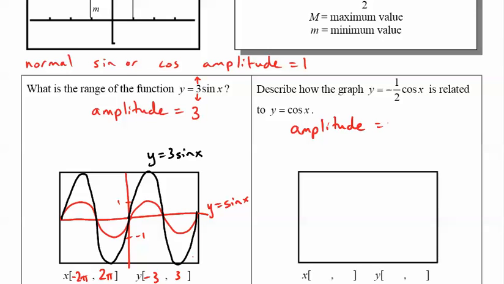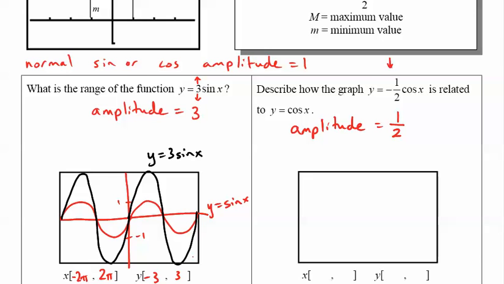It's a half. It's just the number that's in front of the cosine. And amplitude will always be positive. So if there's a negative number, the amplitude is positive. This will be a question on your test. I'll just give you a function and ask you what's the amplitude. You just look for whatever number is the A value.